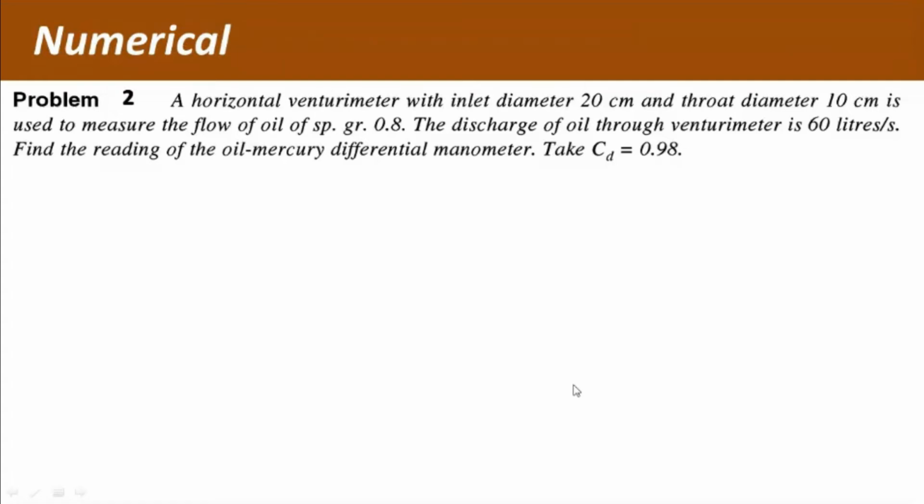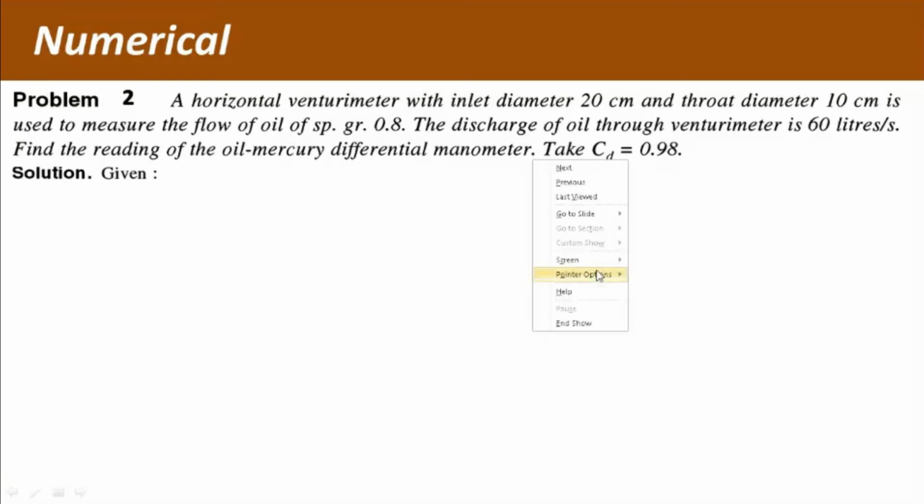Find the reading of the oil mercury differential manometer. Take CD equals 0.98.